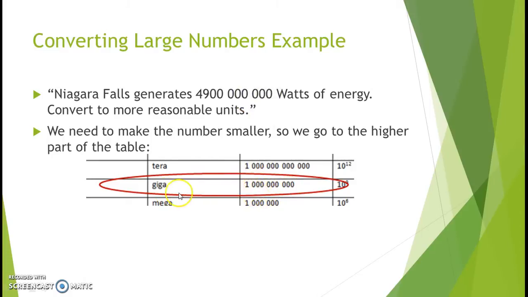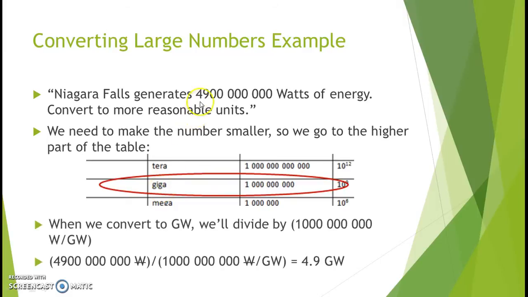With 9 zeros we have giga. And then we simply divide by that number, 1 billion watts per gigawatt, and we find that Niagara Falls generates 4.9 gigawatts of energy.